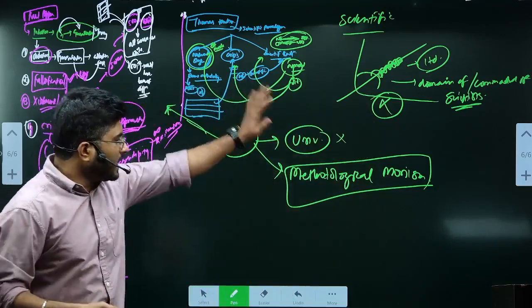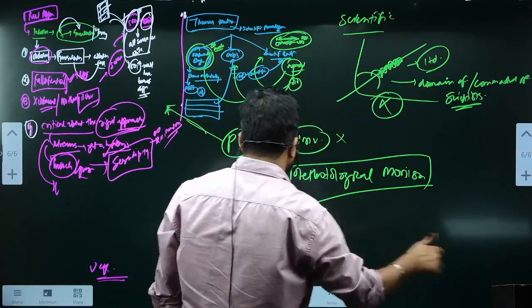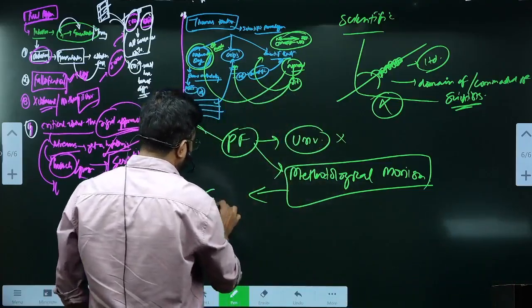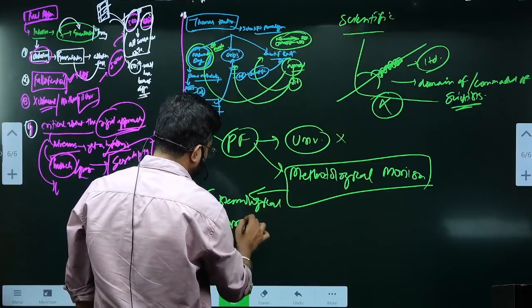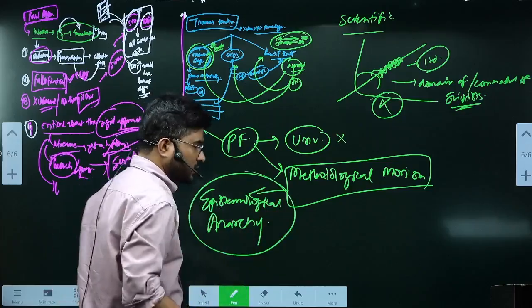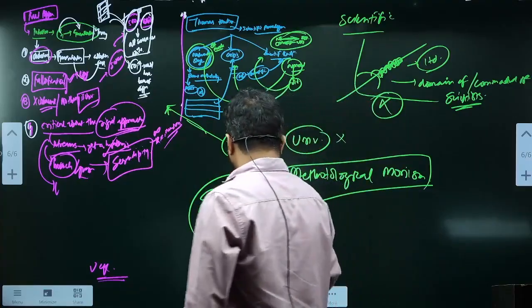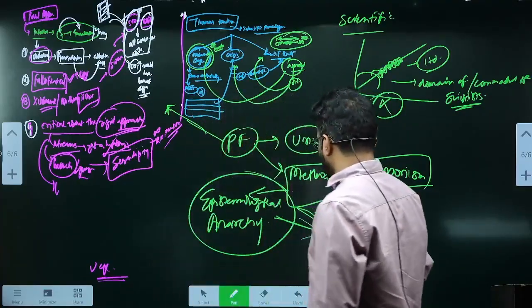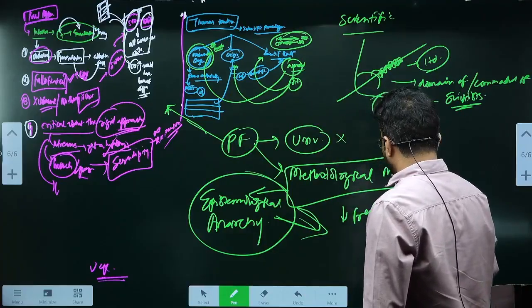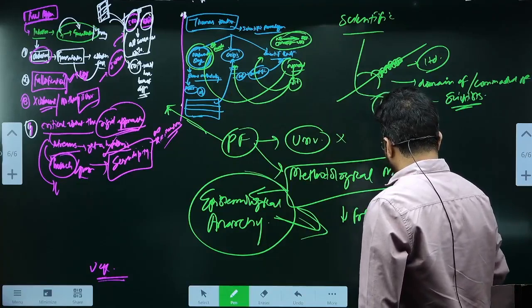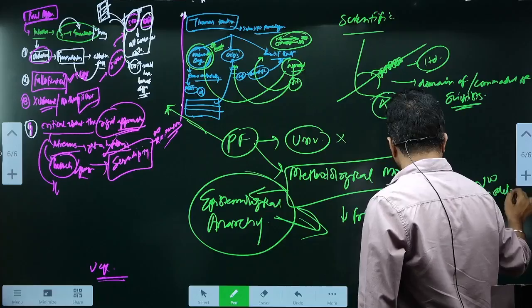So we have to get out of this methodological monism and look for epistemological anarchy, that is, change the method completely, end the method, make a new method. The methodological monism should not be curtailing your freedom, and you should be creative enough to find new models or new paradigms.